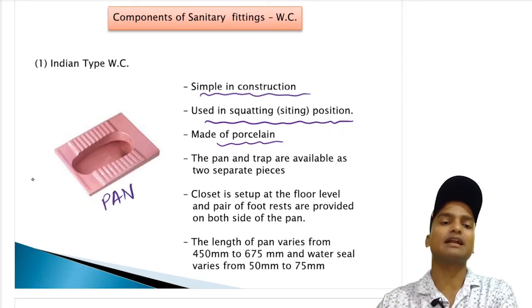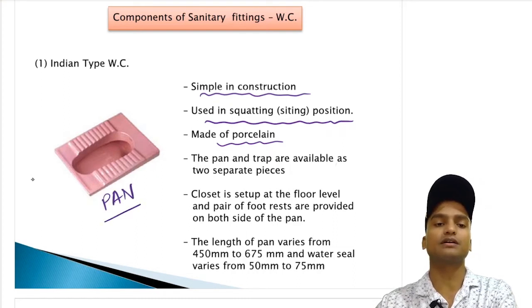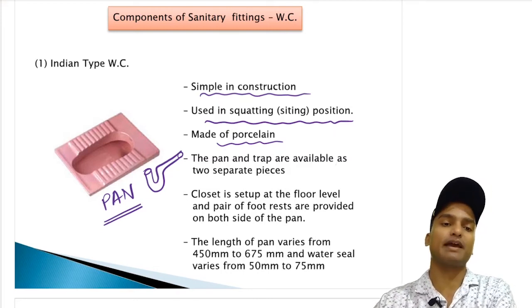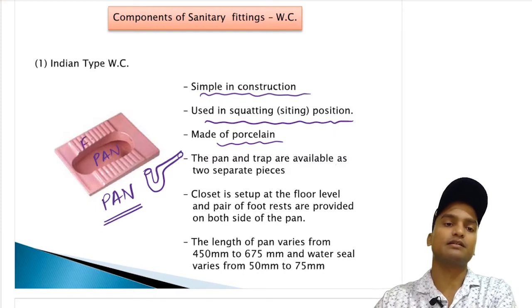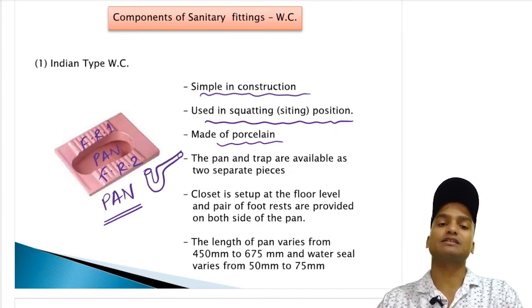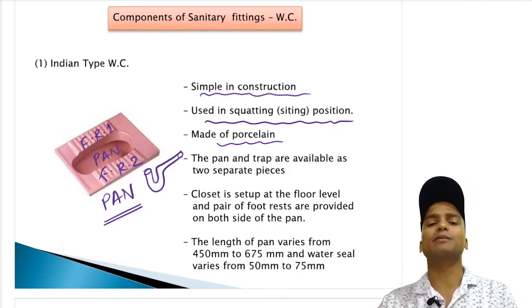Alright, pan means that which collects the human excreta, and trap is mostly the pea trap which is used. Closet is set up at the floor level, and a pair of footrests are provided on both sides of the pan. If this is our pan, then footrests are these FR1 and FR2, and the length of pan may vary from 450 mm to 675 mm, and water seal varies from 50 mm to 75 mm.